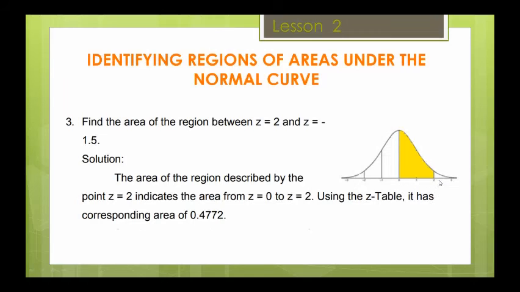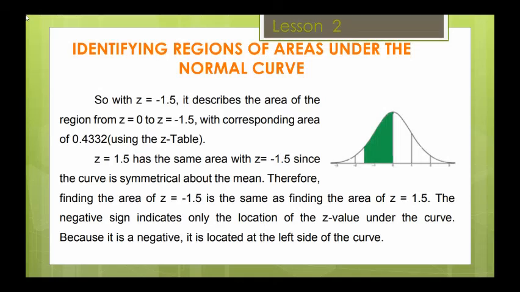Using the table, the corresponding area is 0.4772. Now, z is equal to negative 1.5 is from the center, from 0 going to the left, up to negative 1.5. So the area of the region is from 0 to negative 1.5, and using the z table, that is equivalent to 0.4332.